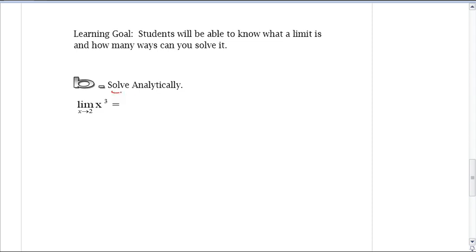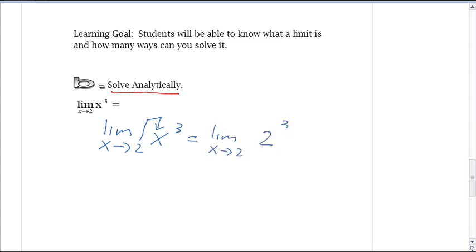Okay, so solve analytically. Now this means we solve using algebra or calculus. I kind of already introduced this just a second ago in part A, but I'll run through it again. Limit as x approaches 2 of x cubed. We're going to use something called direct substitution. All you do is you substitute in the 2 for x. And what that looks like is this: limit as x approaches 2 of 2 cubed.